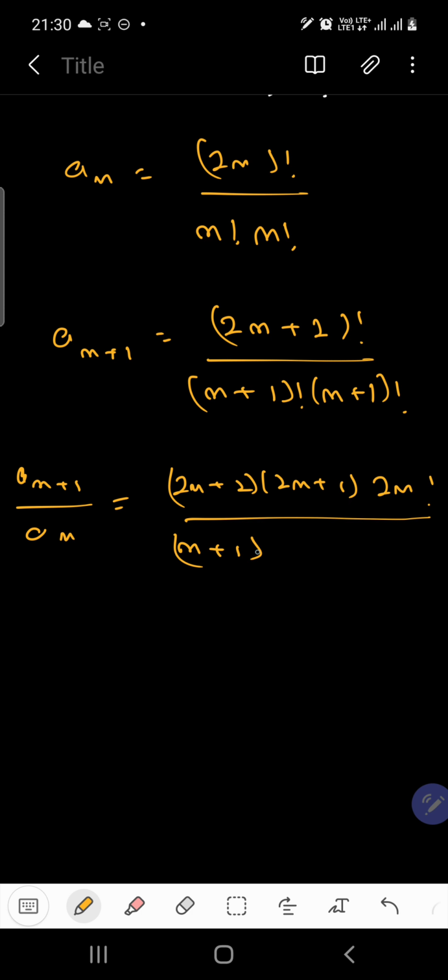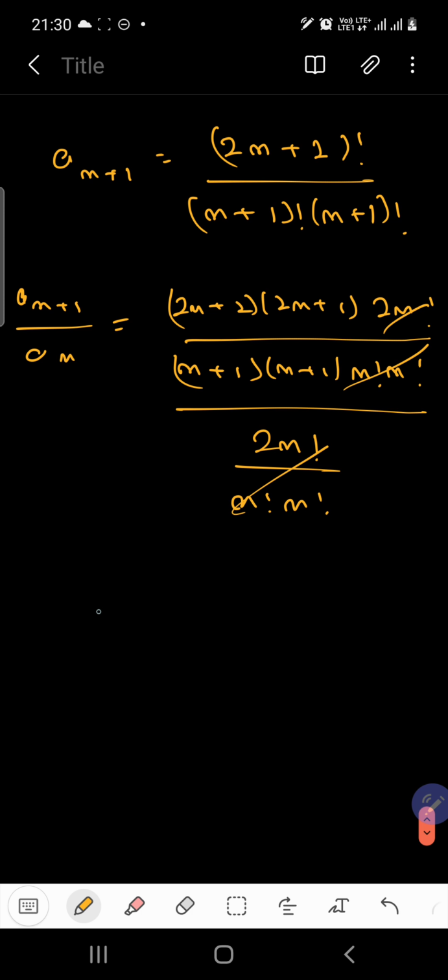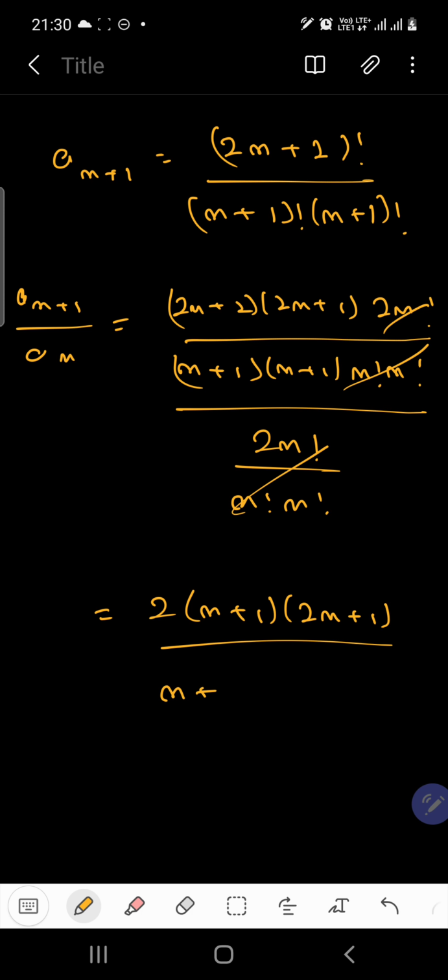So this will cancel out to give you 2 times (n+1) times (2n+1) over (n+1) times (n+1).